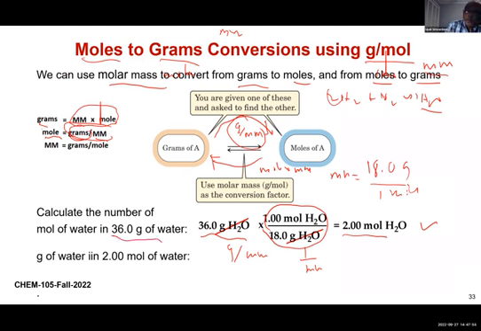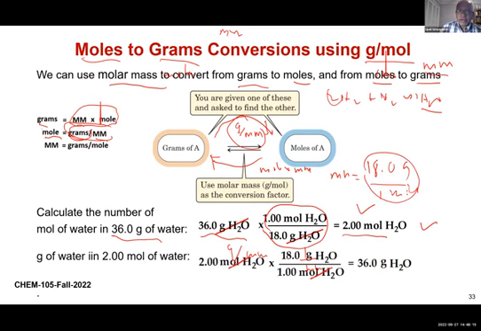Here we calculate moles of 36.0 grams. Grams divided by molar mass. This is the conversion factor used to cancel out the units to get the moles, factor-label method.